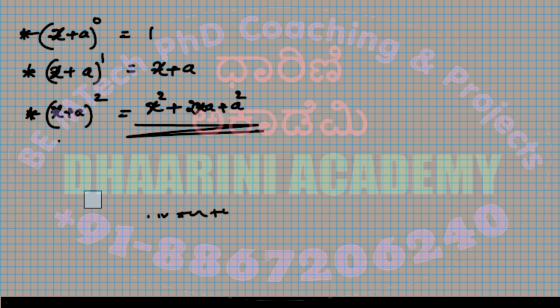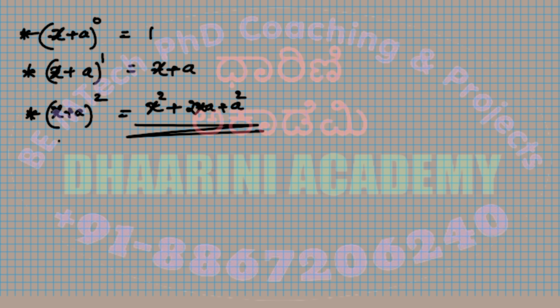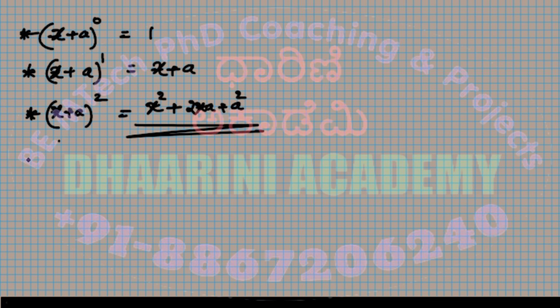All right, let's move further. Let's use this in a few more cases. This is (x + a) the whole cube, right? So (x + a) the whole cube can be expanded in the same way.